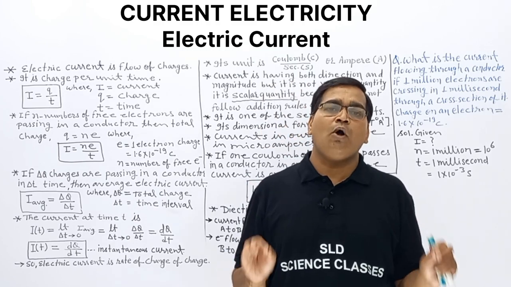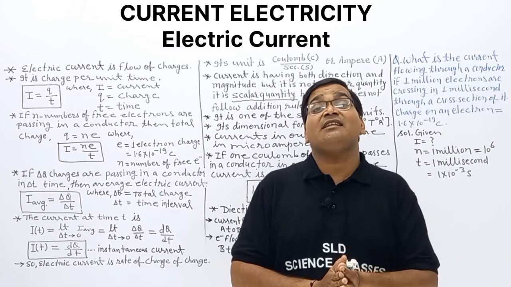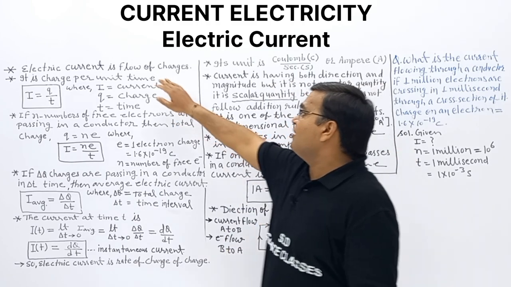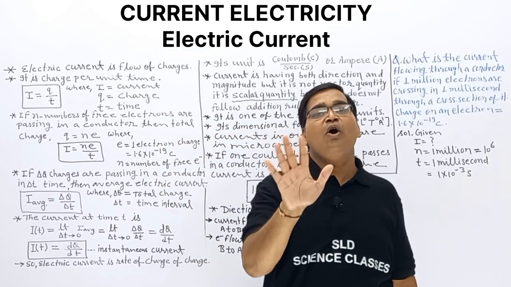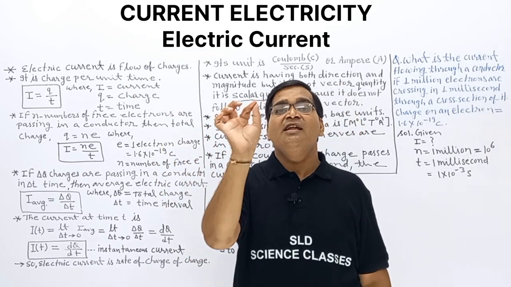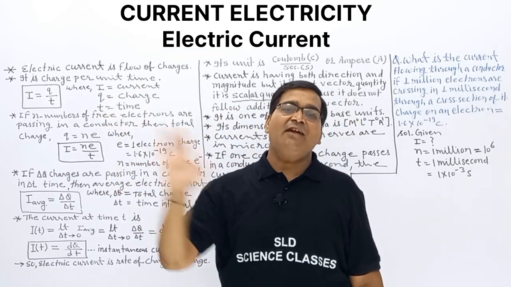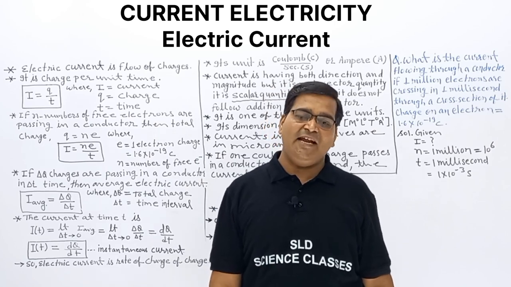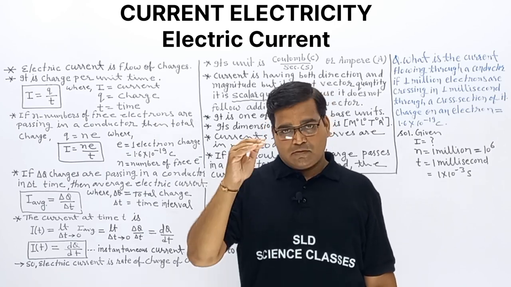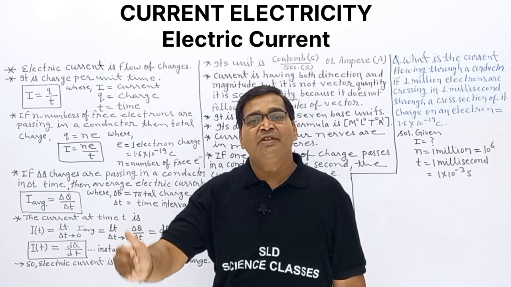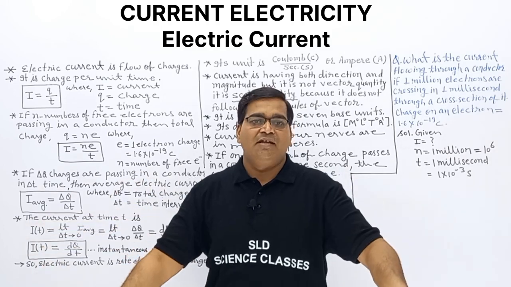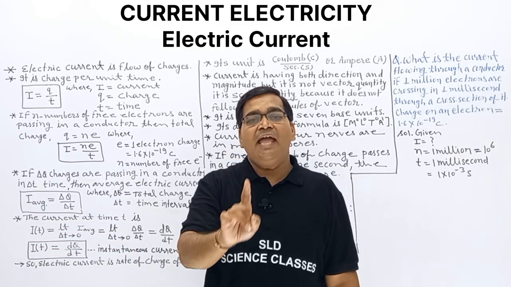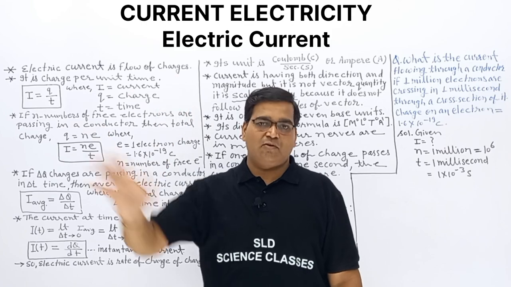Current is the flow of charges. And what about the charges? Deficiency of electrons. A body is negatively charged means it gains electrons.